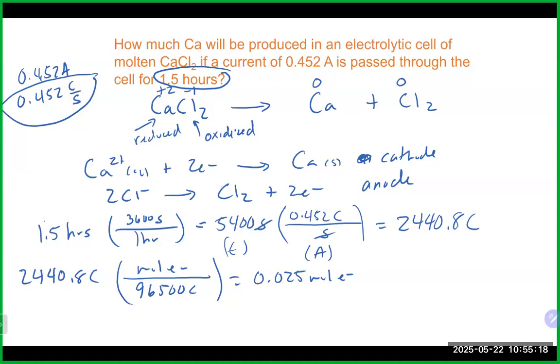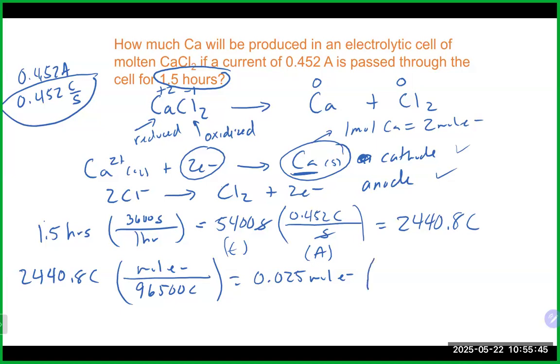At this point, we can now really figure out how much of each of these we're going to be producing. In the case of the question, it was interested in calcium. So from the half reaction here, we could see that for every 1 mole of calcium, we get 2 moles of electrons. It's just like stoichiometry, basically, the mole-to-mole relationship between electrons and what you're interested in from the balanced half reaction.